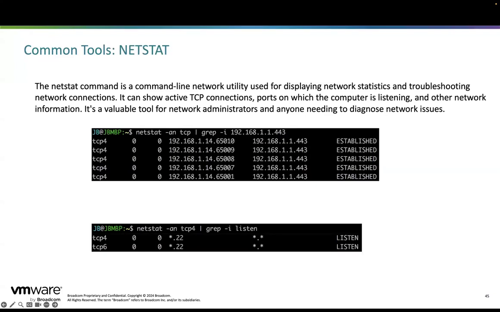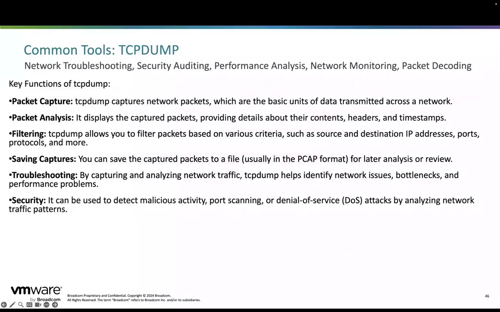Next common tool we'll talk about is tcpdump. So tcpdump core use cases: network troubleshooting, security auditing, performance analysis, network monitoring, packet decoding. Key functions: packet capture. So tcpdump will capture network packets, which obviously are the basic units of data transmitted across a network. It'll do packet analysis, displaying the captured packets, providing details about the contents, the headers, and the timestamps.